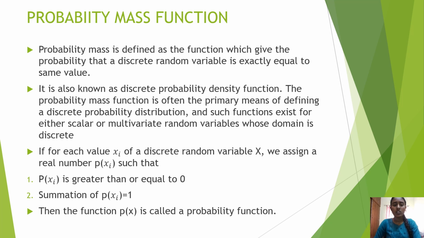If for each value xi of a discrete random variable x, we assign a real number p of xi such that p of xi is greater than or equal to 0 and the summation of p of xi is equal to 1, then the function p of x is called a probability function.